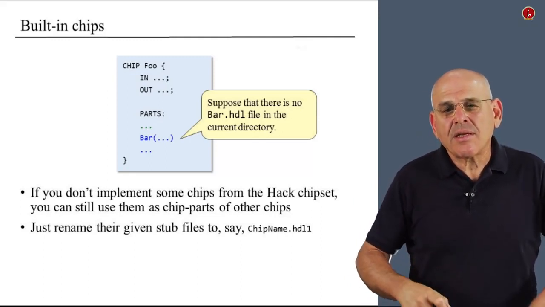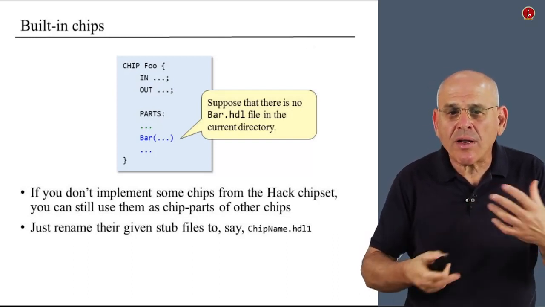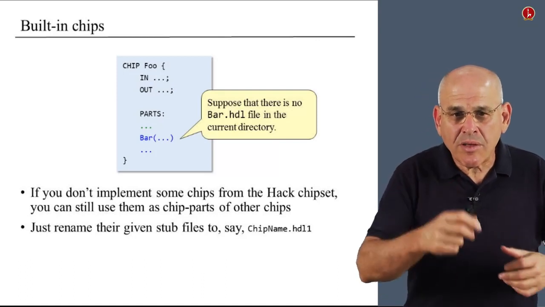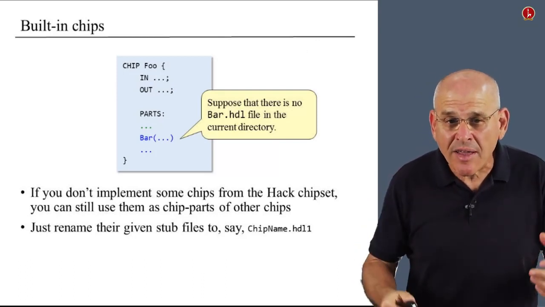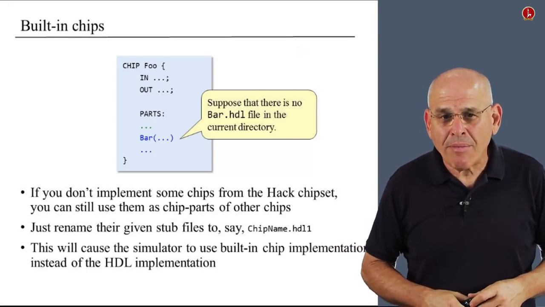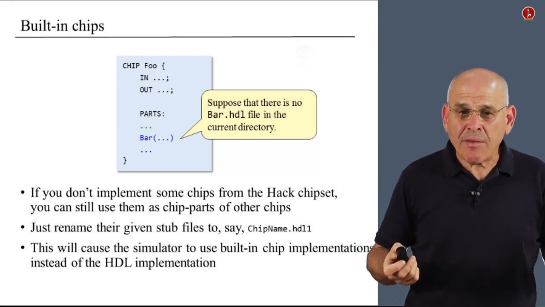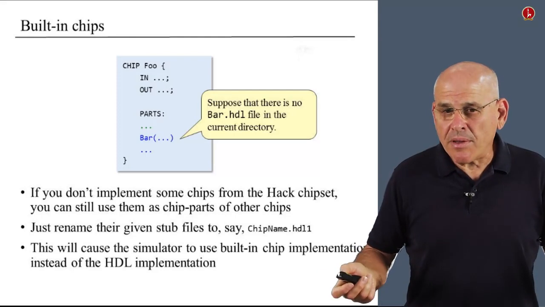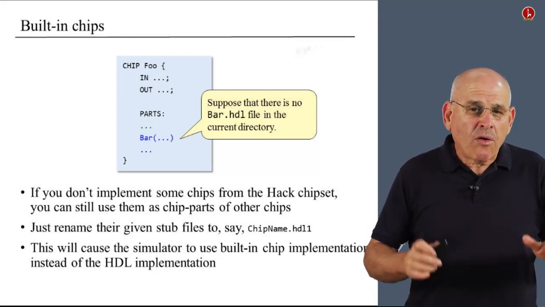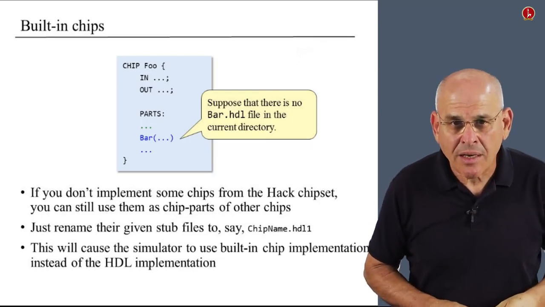Once you do this, when you load foo into the hardware simulator, the simulator will look for an HDL file that corresponds to the missing chip part, and if it does not find it, it will by default revert to using the built-in implementation of the missing chip. So this gives us tremendous flexibility, because it means that in principle we can build these chips in any order that we please, although we recommend that you build the chips in the given order that they are listed in Project One.